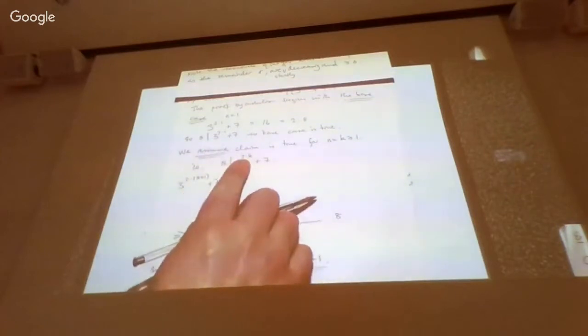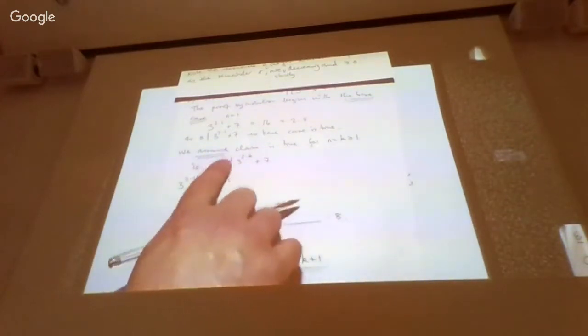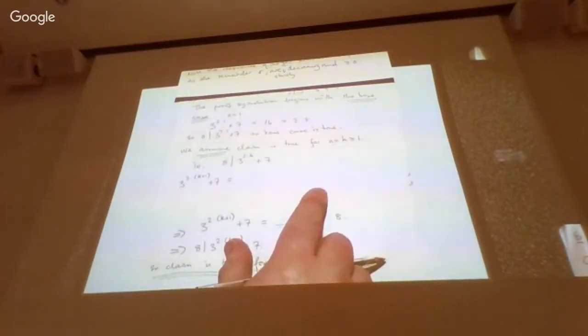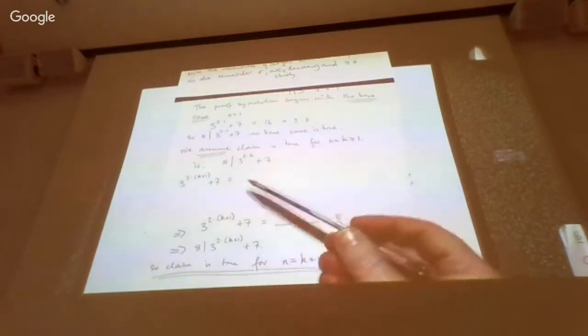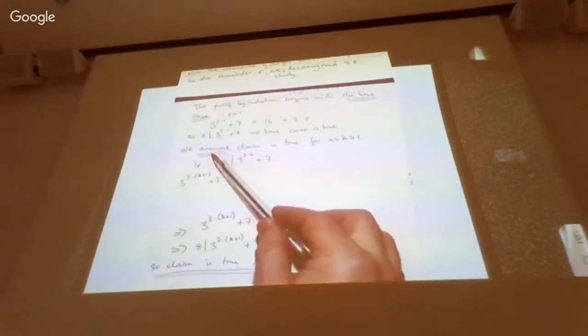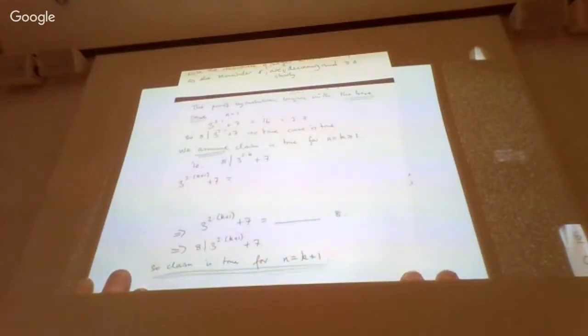But we have to use our assumption. If you're wandering around in an argument without using your assumption, you're probably not going to get very far. What we're trying to do at this stage is prove the inductive step, so if you're not allowing yourself to make use of the assumption, you're probably not going to get there.